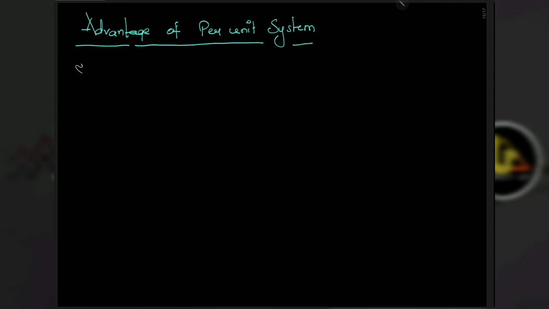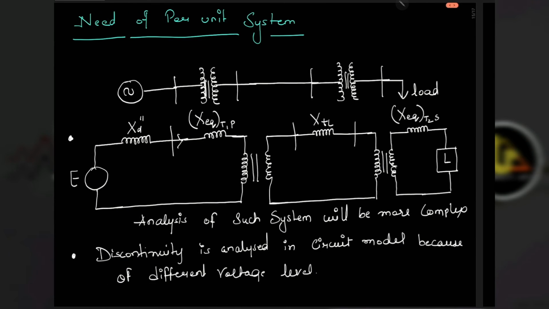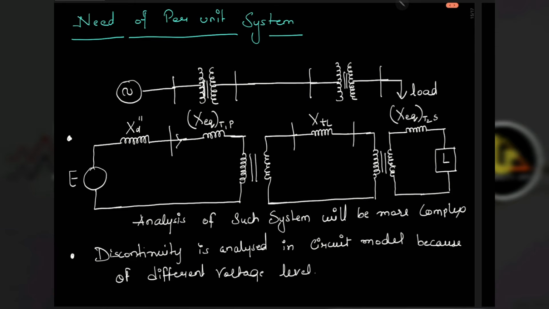See, different components in a power system have different ratings. Here we have the transformer, the generating unit, the load, and the transmission line. So different components have different ratings and their values vary a lot. So it is very difficult to calculate.